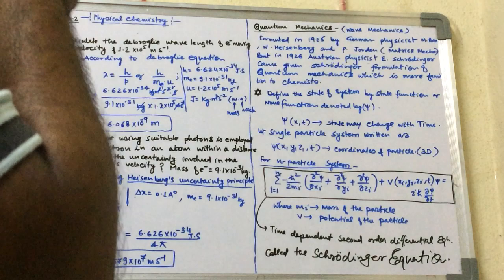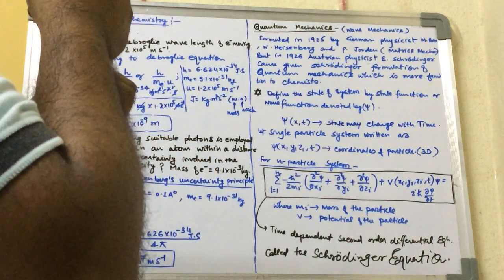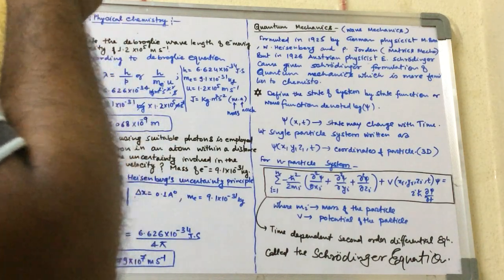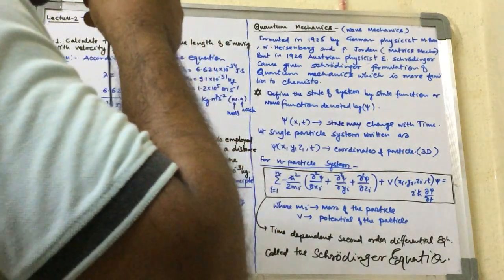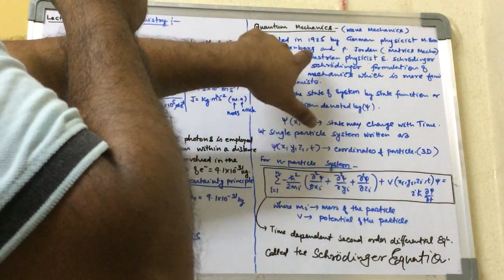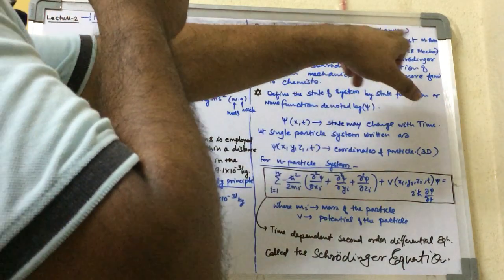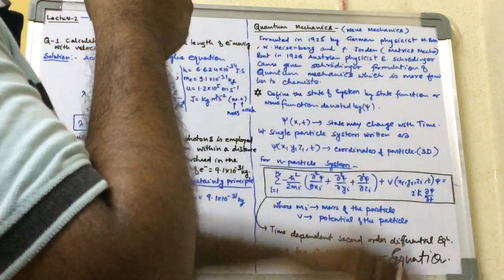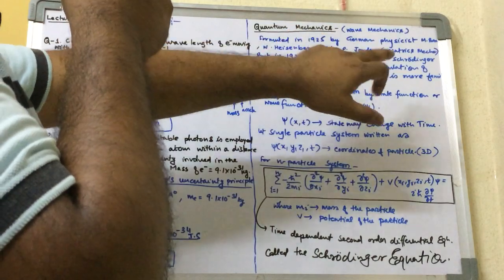Before we start, I will tell you who developed this mechanics. This mechanics was first formulated by the German physicists M. Born, W. Heisenberg and P. Jordan, these three scientists, in 1925.